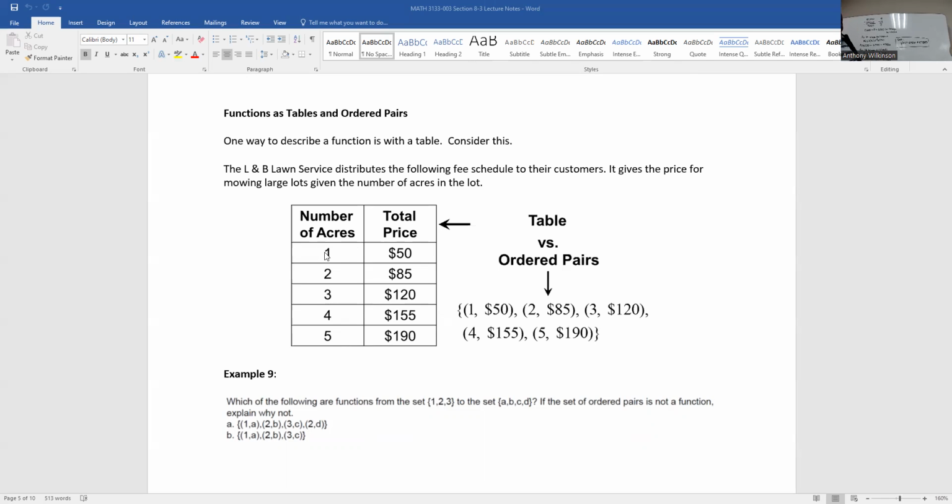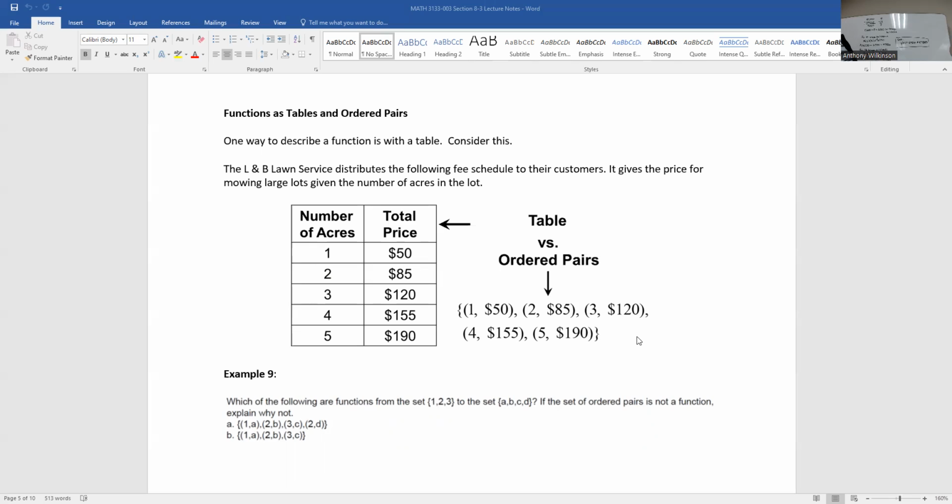And of course, it is a function because you're only going to have one price for each number of acres. It can also be written as a set of ordered pairs. So for 1 acre, it's $50, 2 acres, $85, 3 acres, $120, and so on.